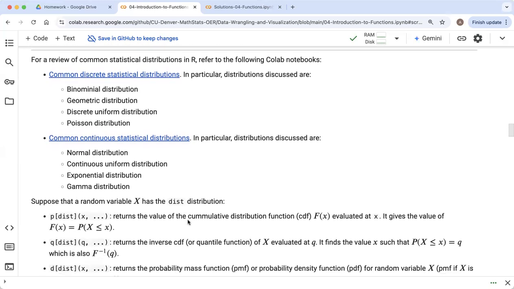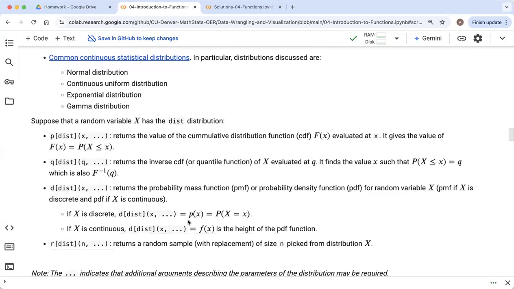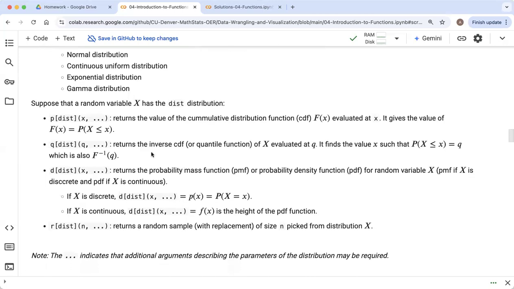But there are really four main functions that you would want to work with for each common distribution in R. So there would be a P distribution function, a Q distribution function, a D distribution function, and an R distribution function. And this might seem really confusing. I think the best way to explain how these functions work is to do an example with, say, a normal distribution, which is what will come next.